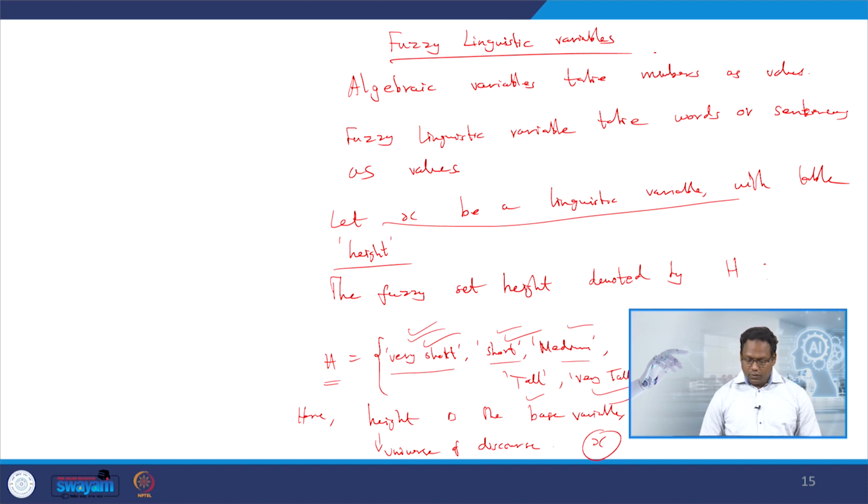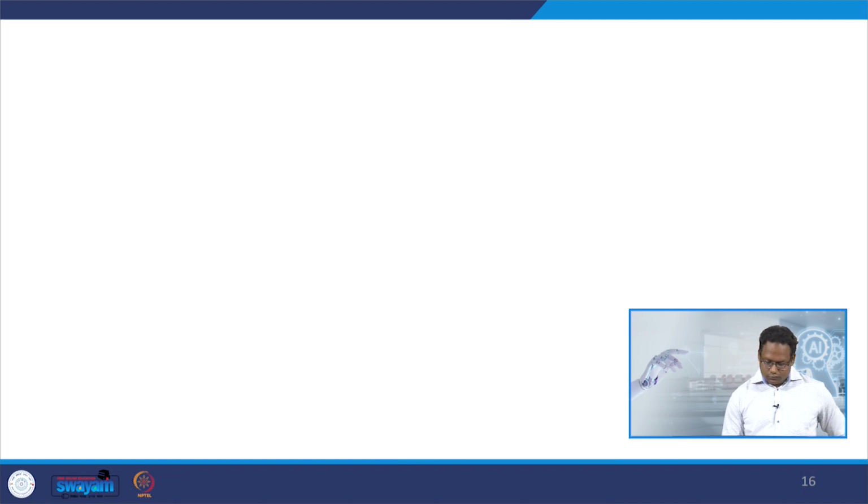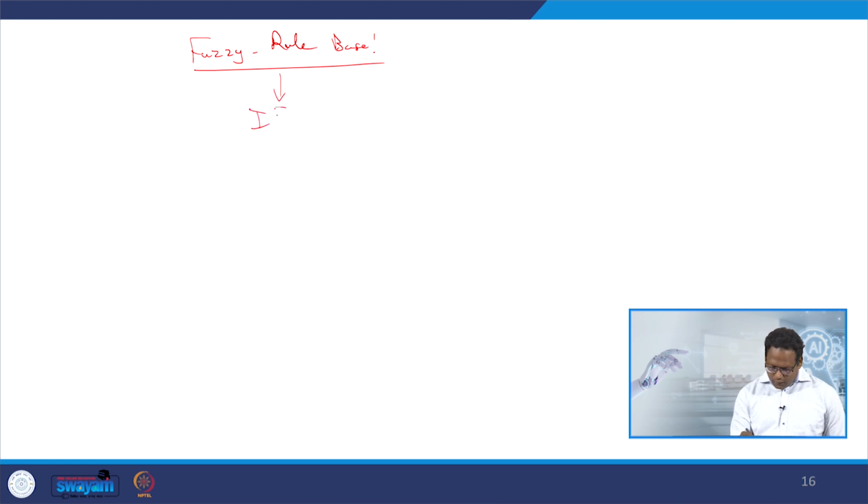Okay. So, now we will see fuzzy rule base. Having defined the fuzzy linguistic variables, we see fuzzy rule base now. So, fuzzy rule base, it is also called if then rule base.